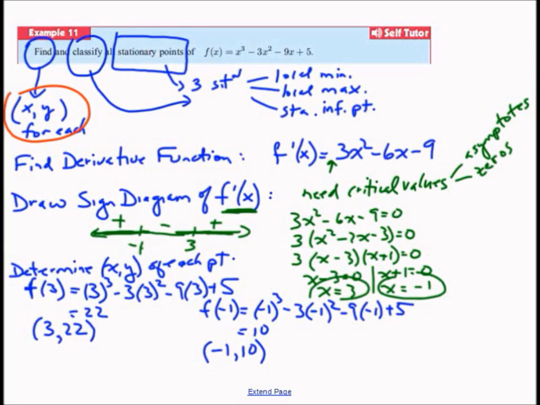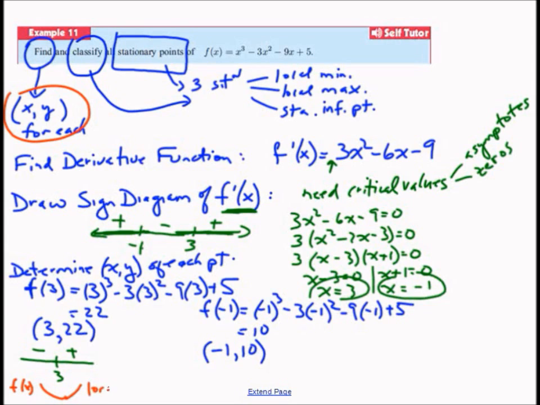Okay, so at this point, 3, 22, if we take a localized look at that sign diagram just about the 3, we have negative over here and plus over here. What that means is that our function f of x is decreasing here until we get to 3 and then increasing.